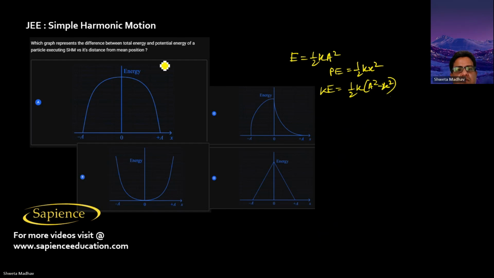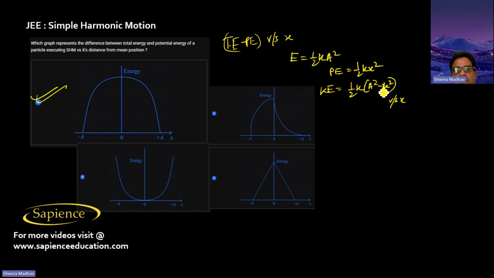So this kinetic energy versus x graph we have to find out. Since we have to find out the graph of the difference between total energy and potential energy versus its distance from its mean position, that is x. So obviously option A is the correct answer.